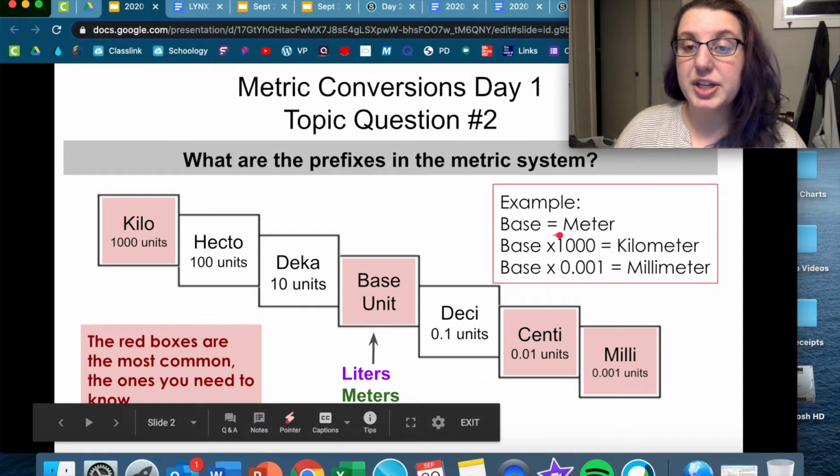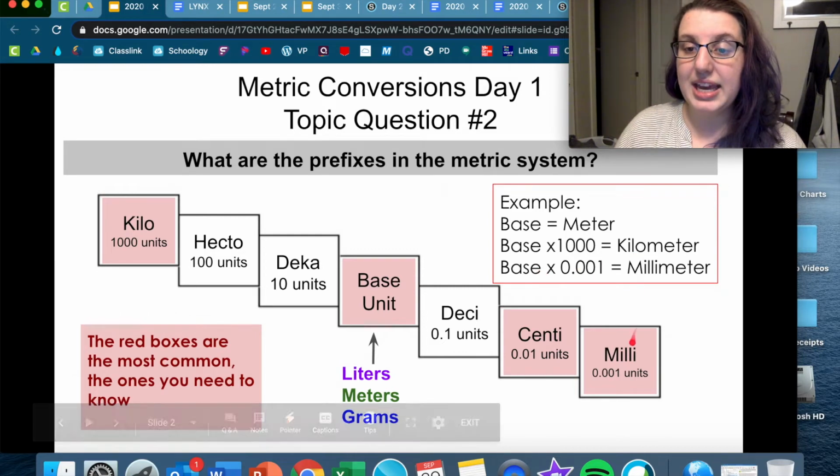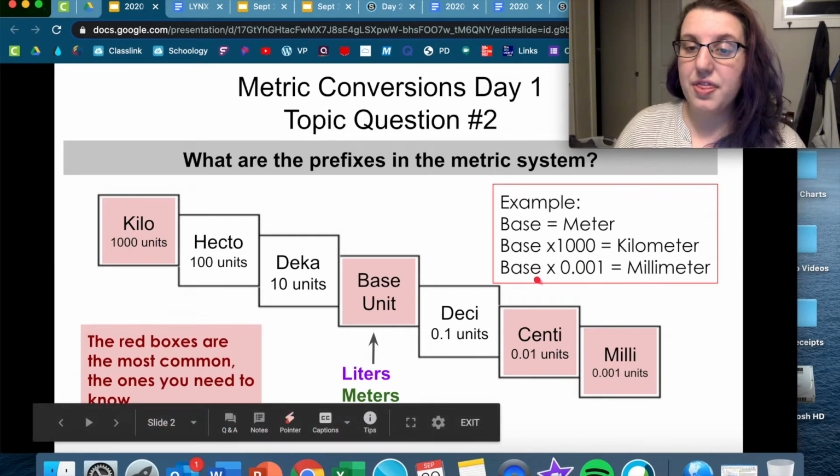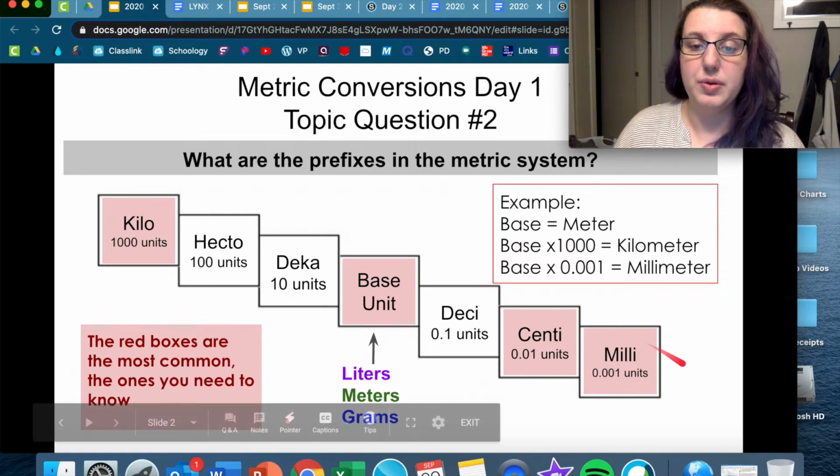So our base unit could be meter, and then base times 1,000 would be a kilometer. Base times 0.001 would be a millimeter. So that's 1,000th of a meter, and this is 1,000 meters. It's the same way on both ends.